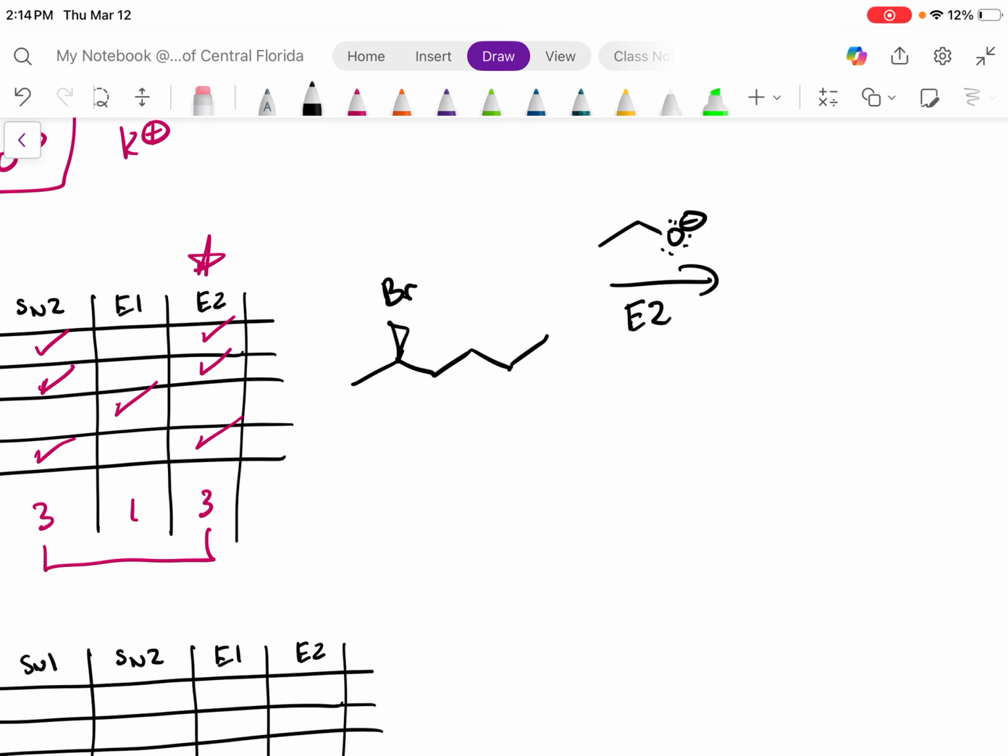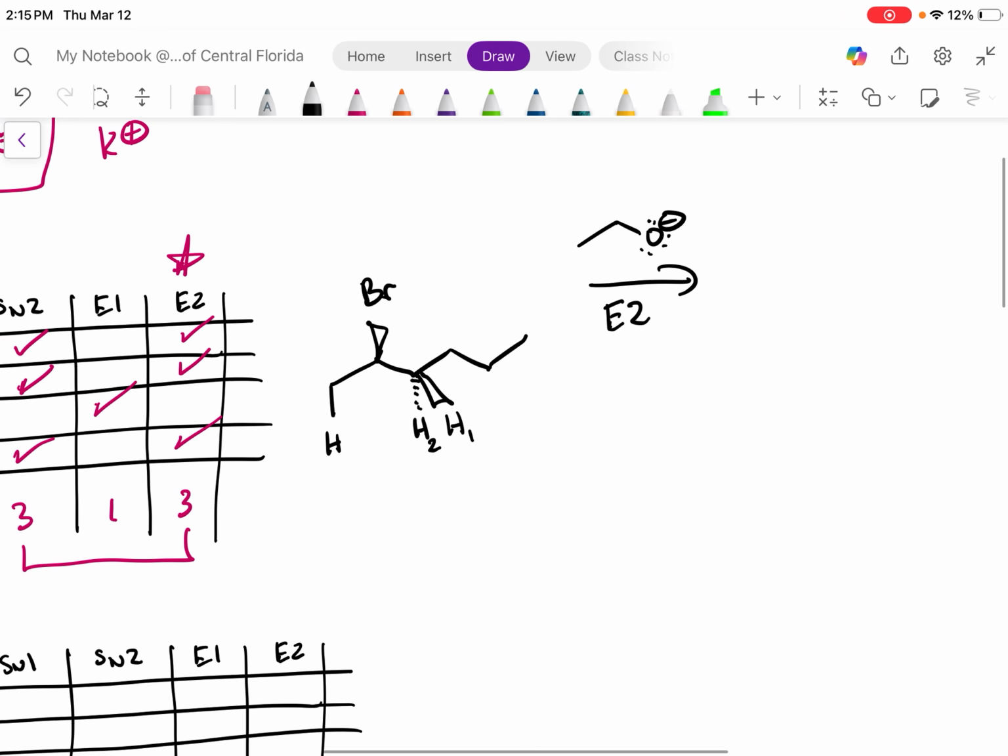We can grab that proton, or we could grab one of these protons. But remember, we want this anti-periplanar. And since there are 2 hydrogens here, this is an example of a stereoselective reaction. Which one are we going to grab, H1 or H2? Because what can happen is you can get 2 possible products.